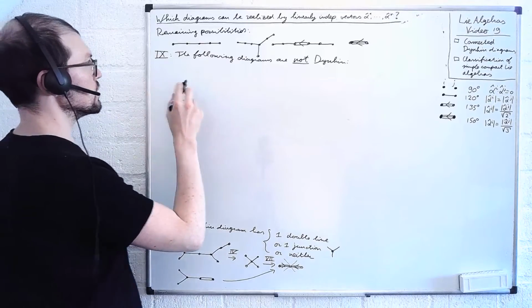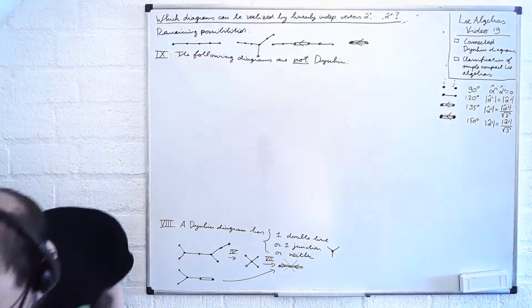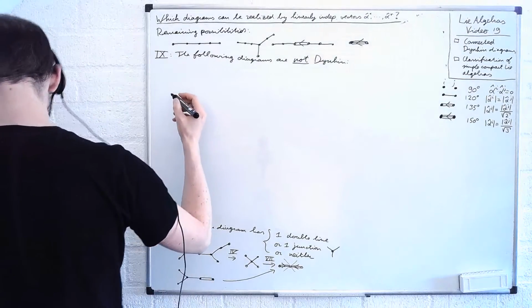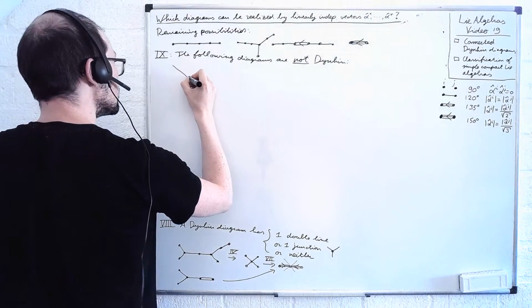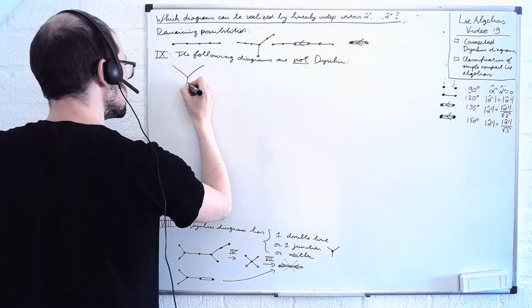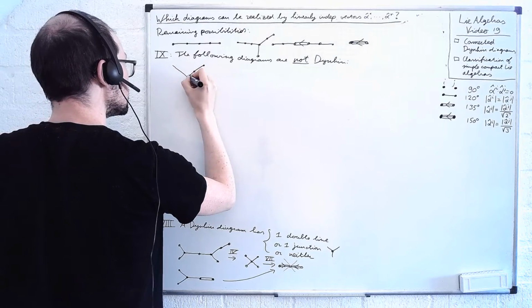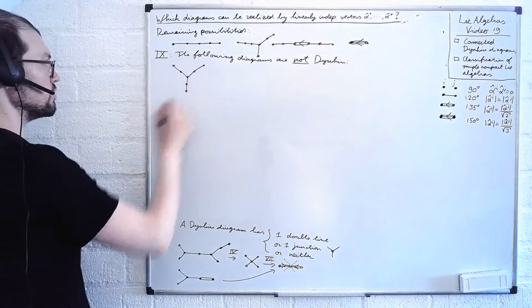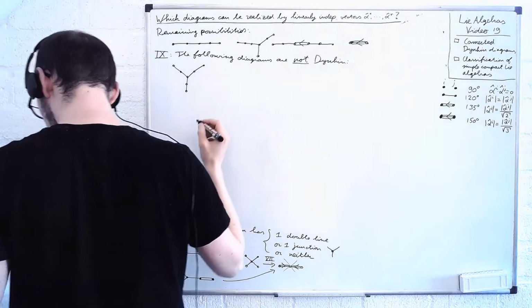So let's see which are these. I don't want to make a mistake, so let me check. In the case of the junction, I cannot have this rank 7 object.